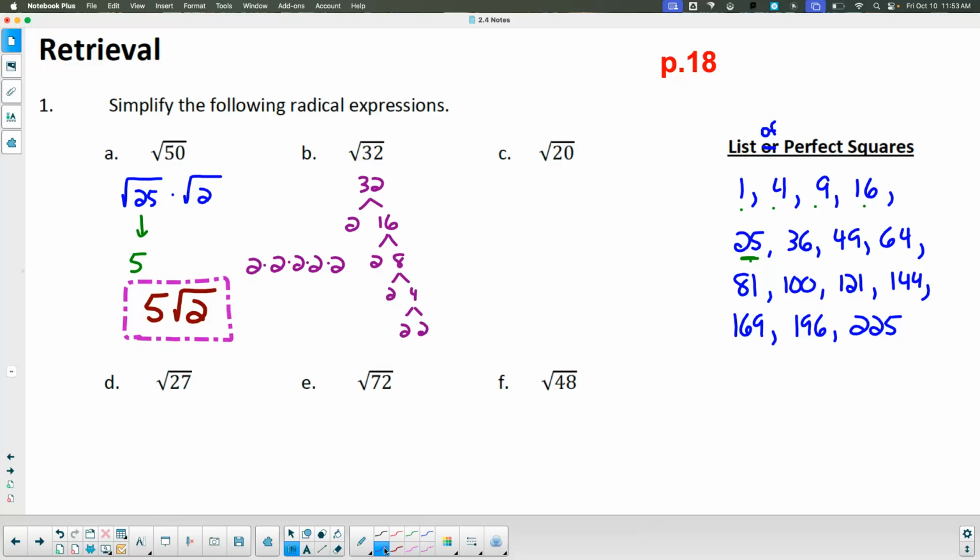And then you look for pairs. Here is a pair. That one becomes outside then. Here is a pair. That one goes to the outside then. This one is not a pair, so it stays inside the radical. 2 times 2 is 4, so the square root of 32 would be 4 square roots of 2.